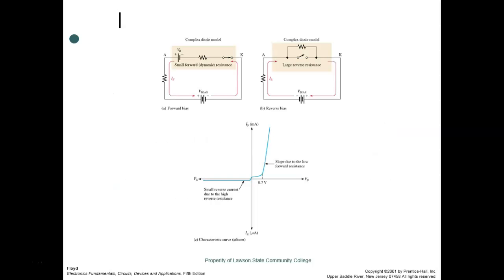So this is the actual curve. It starts conducting, then we have a knee that occurs around 7/10 of a volt. And when it starts conducting, it's not straight up, it's a slope. So the voltage actually increases a little bit when current goes up, and it drops down when current goes down.